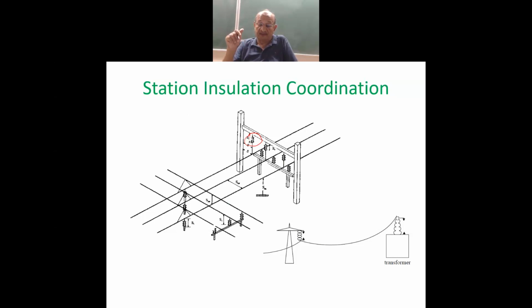The conductor is coming to a transformer, and in the transformer the voltage is brought with the help of a bushing. This is a bushing.